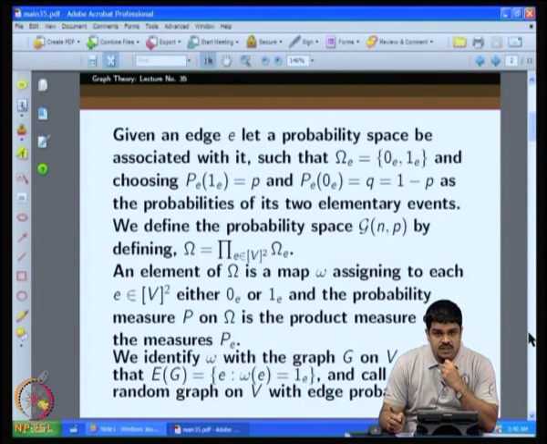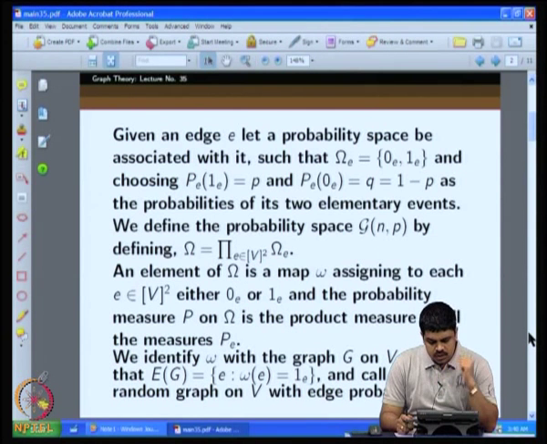Today we start with a new topic: random graphs. For this, a small amount of knowledge about probability theory is required, but only a little amount of knowledge is enough.